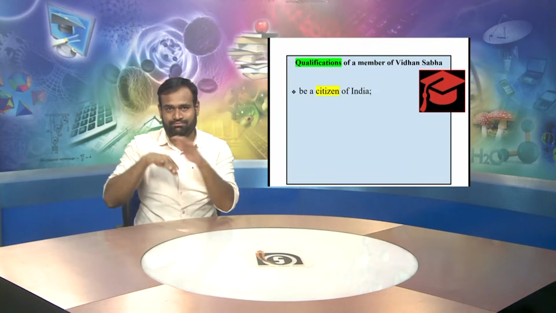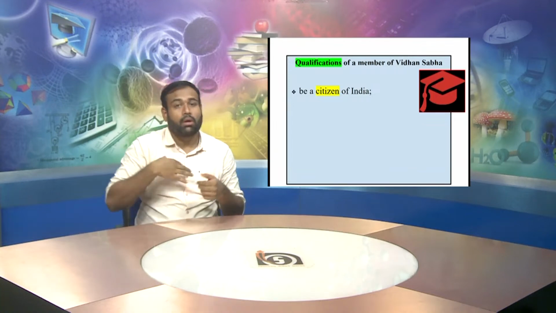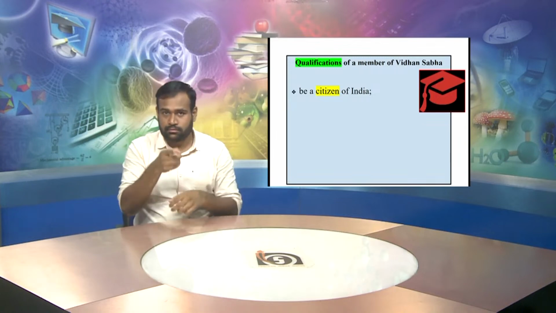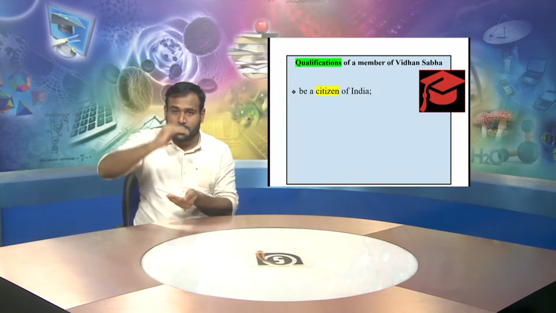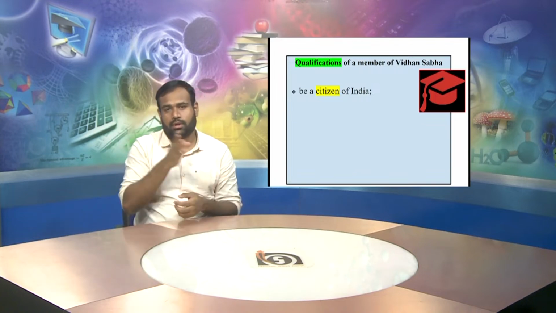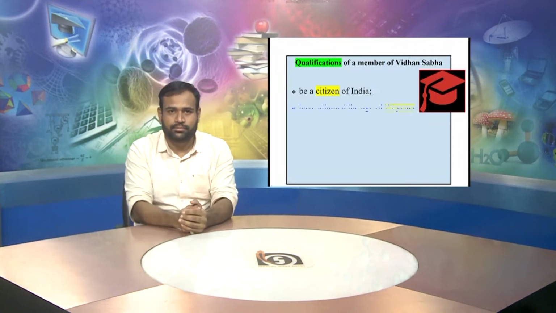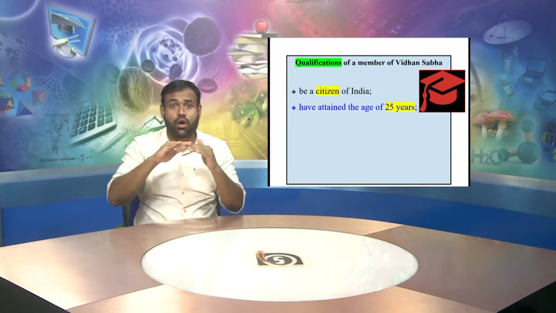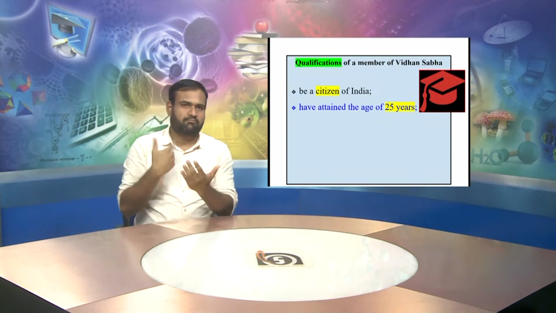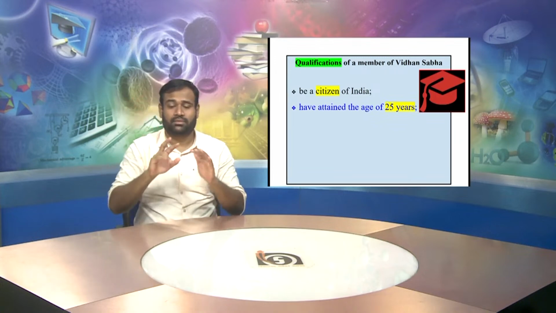Let us now understand the qualifications of a member of Vidhan Sabha. There are certain qualifications which are required to be a member of Vidhan Sabha. The first important requirement is to be a citizen of India. The next important eligibility condition is that the candidate should have attained the age of 25 years.